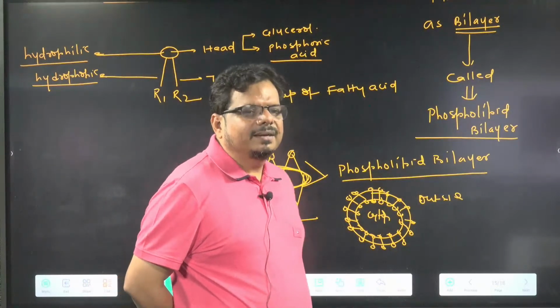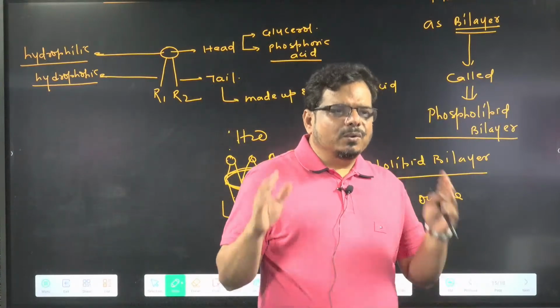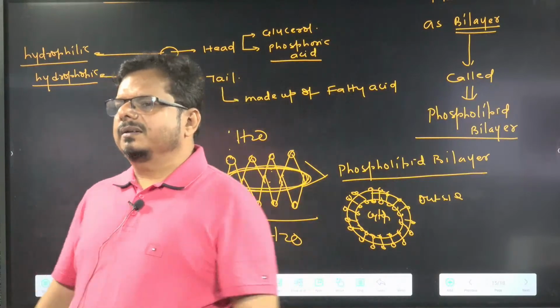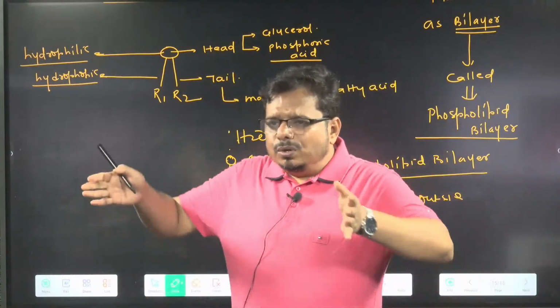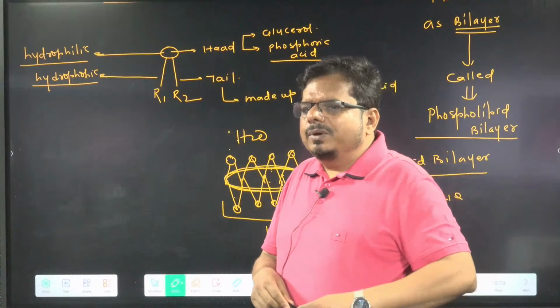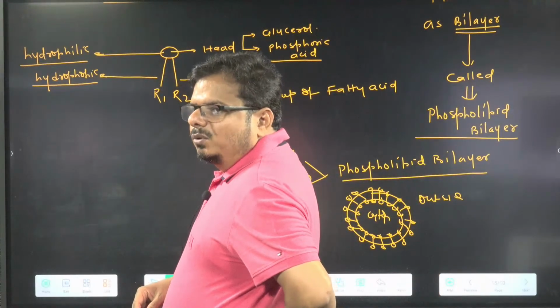What is the reason behind phospholipid being present as a bilayer? Because the tail wants to protect itself from the water, so they place the head toward the water. So two tails are just away from the water. Suppose I want to save my back from water. What will I do?